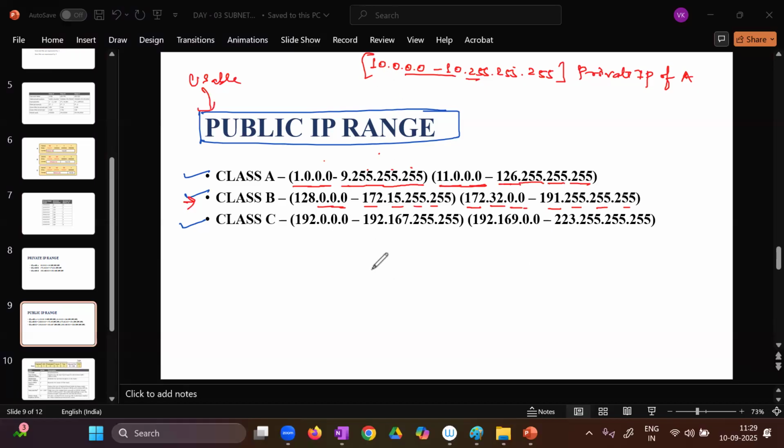In class B, the IP from 172.16.0.0 till 172.31.255.255 is reserved for the private IP range, private IP of class B.